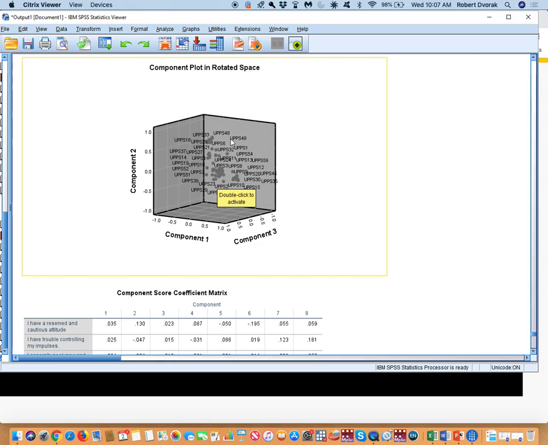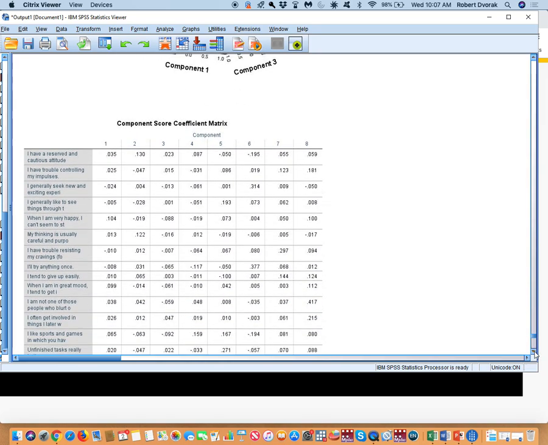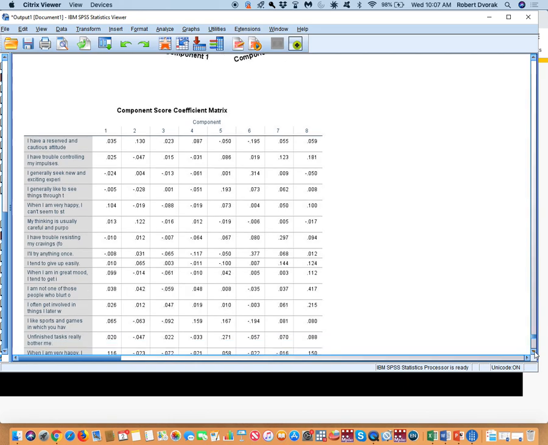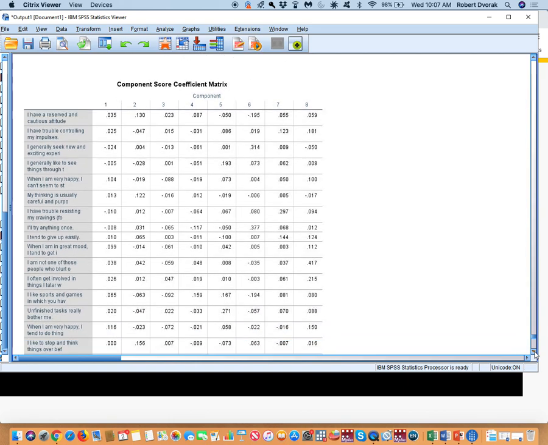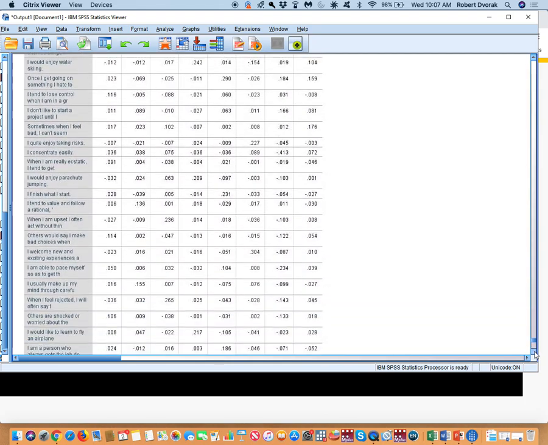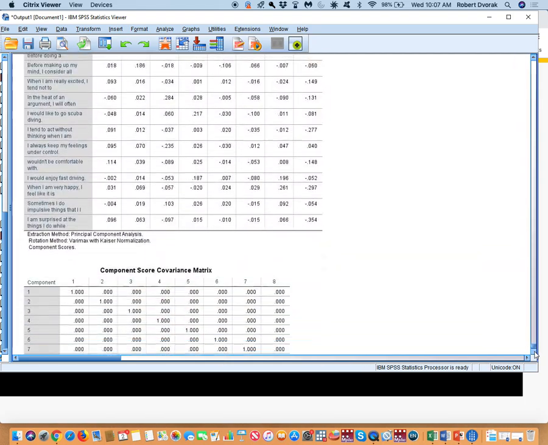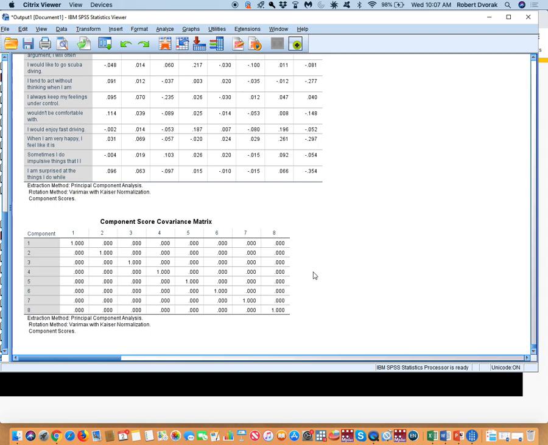And this isn't rotated, but when you have 5, 6, 7, 8, 9 components with 56 items, it just is too messy to make any sense out of. Component score coefficient matrix, and this is the unstandardized component coefficient matrix, and then the component score covariance matrix. Again, not going to worry about that.